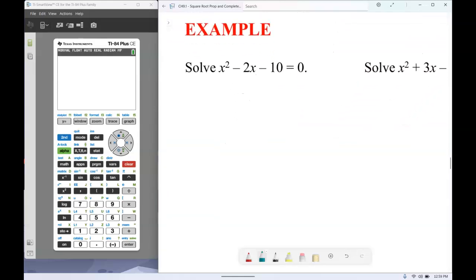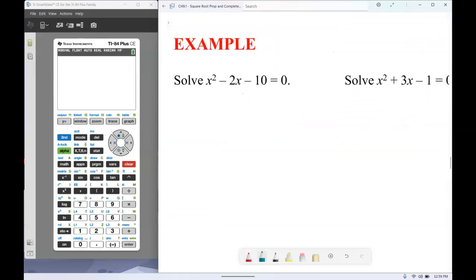Okay, so let's just get into it. The goal with completing the square, the whole point of completing the square, is that we're trying to get a quadratic that's in standard form into vertex form. Okay, so the way that we do that, the big part to take note of, is we're trying to get this binomial squared.